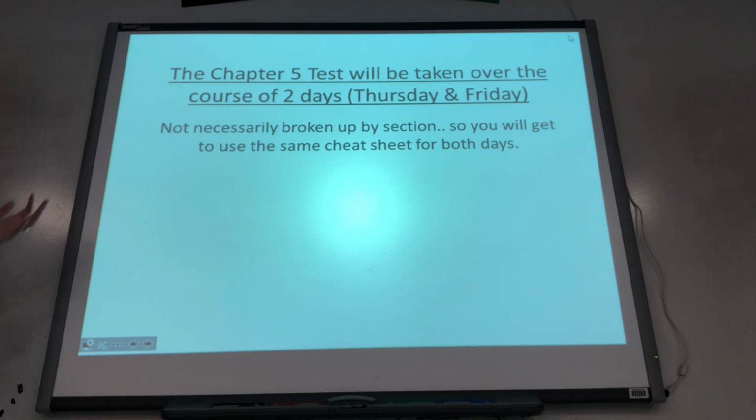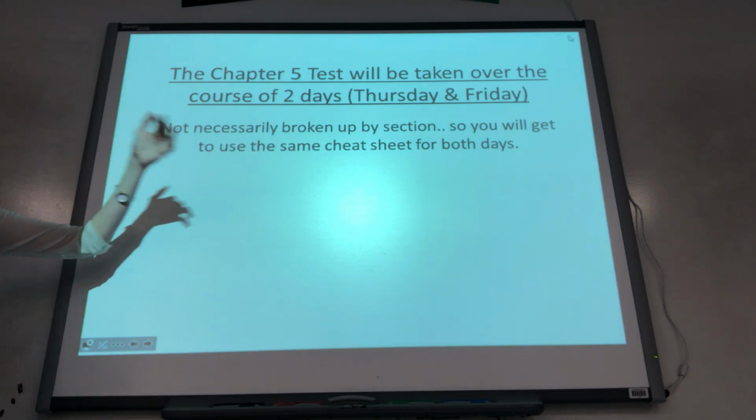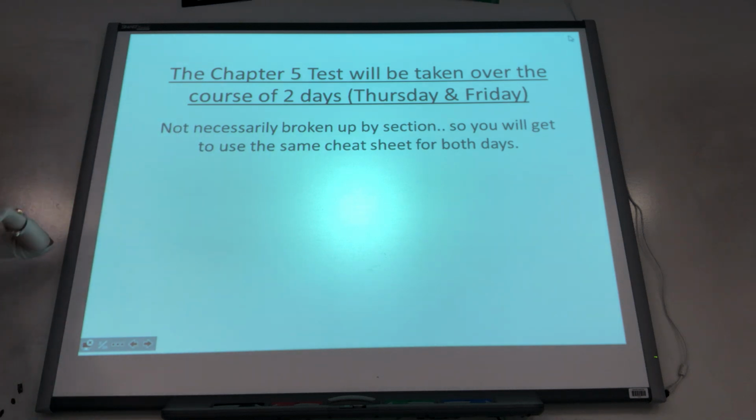So that means you'll get to use the same one-sided full cheat sheet for both days. When you finish your test tomorrow, instead of stapling your cheat sheet to the back, I'll probably just have you make a pile of cheat sheets, and then I'll pass your cheat sheet back to you on Friday when you get in here, and then you'll use the very same cheat sheet then.